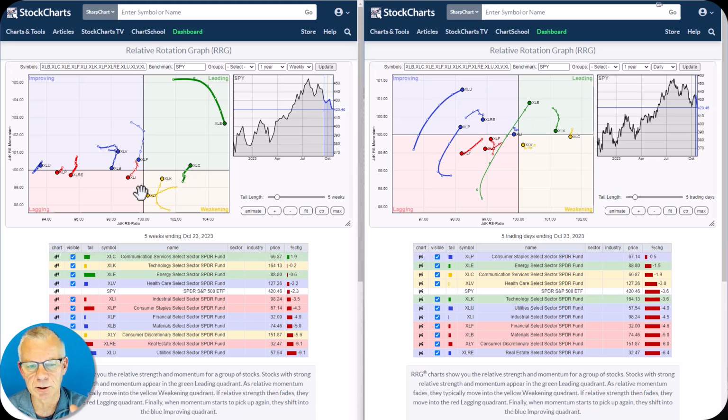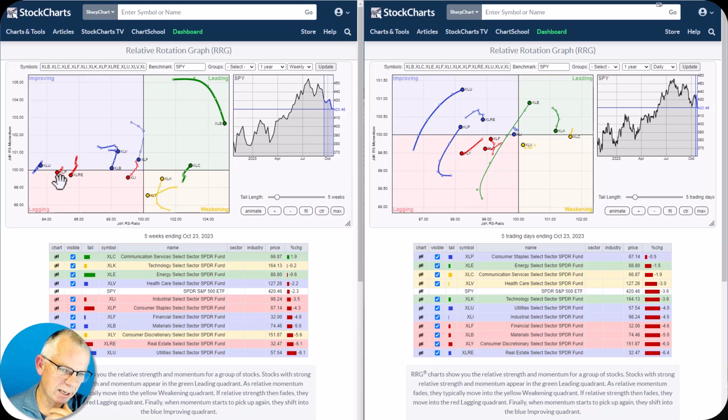If we look at the tails of those sectors, we can see that financials has rolled over and is now moving down. We see materials rolling over and moving down. We see industrials moving over and rolling down. We see real estate pushing into the lagging quadrant. Utilities is kind of in limbo. It's the lowest reading on the RS ratio scale, still very weak.